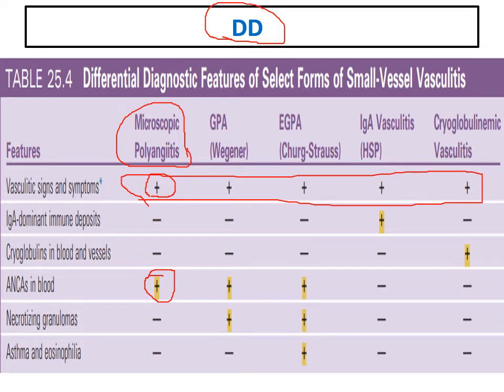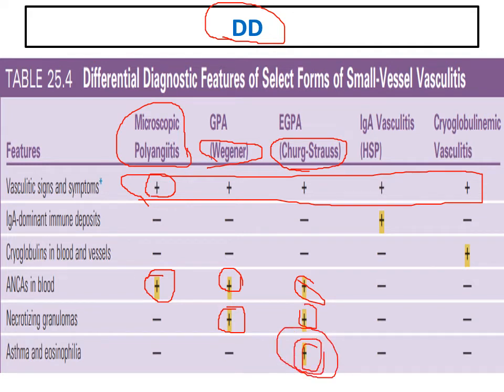In granulomatosis with polyangiitis or Wegener, there is ANCA in the blood with granulomas mainly affecting the kidney and upper and lower respiratory tract. Churg-Strauss is usually characterized by ANCA, granulomas, and asthma and eosinophilia. Don't forget that, as we said, asthma and eosinophilia.